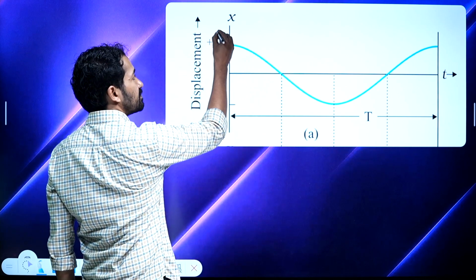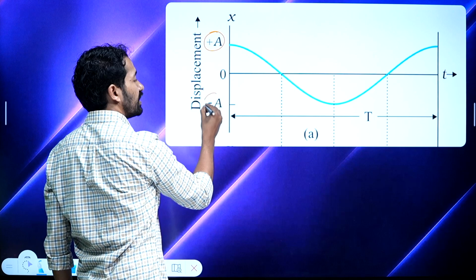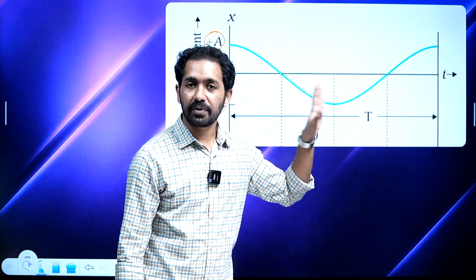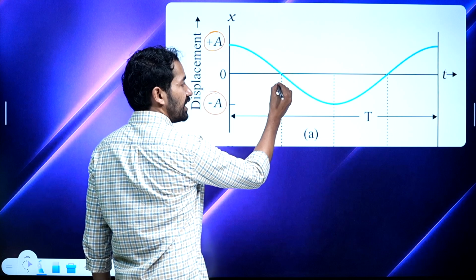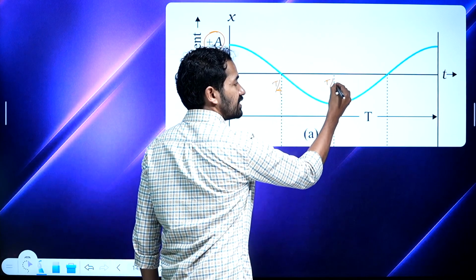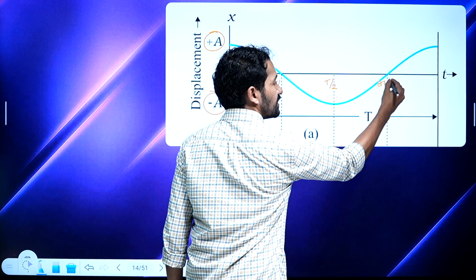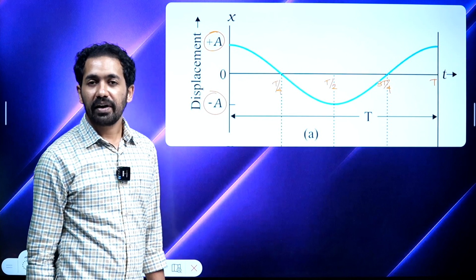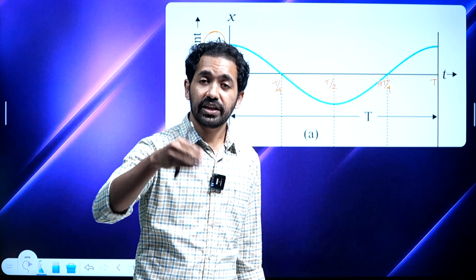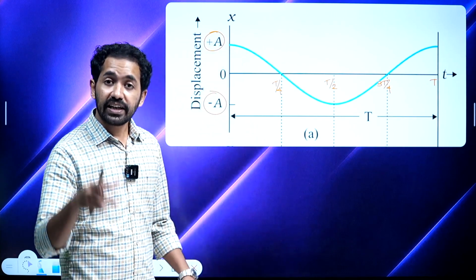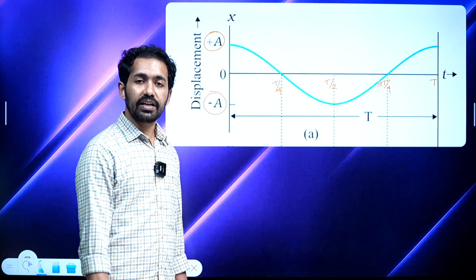The maximum displacement is amplitude, so it is plus a and minus a, and along x axis we are representing time. I am dividing it into 4 quadrants. The first one is T by 4, the second one is T by 2, the third one is 3T by 4, and the last one is time period T. So I am having the entire time period split into 4, which are T by 4, T by 2, 3T by 4 and T. At each time, let's see where the particle is.